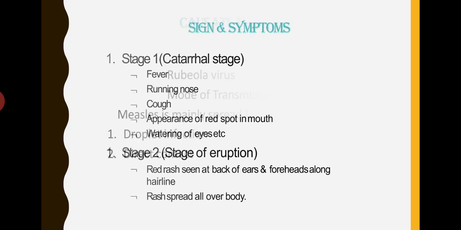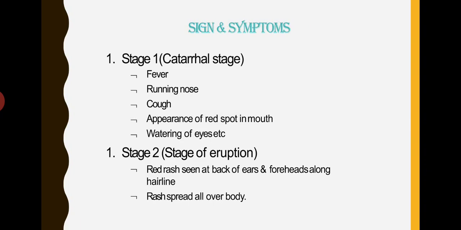Kindly remember that the signs and symptoms of measles in the earlier stage, or stage 1, also referred to as the catarrhal stage, include fever, that is temperature, then runny nose, cough, appearance of a red spot in the mouth, and watering of eyes. These are all the signs and symptoms of stage 1 measles.